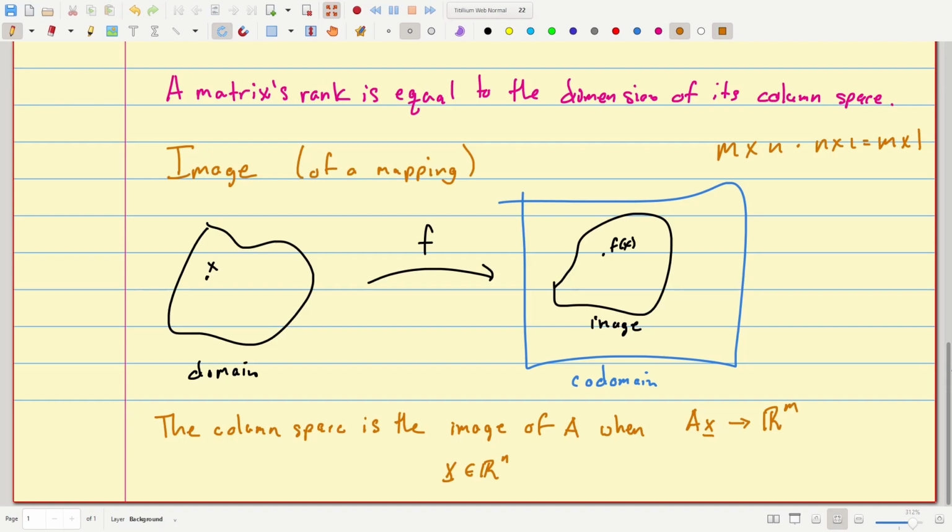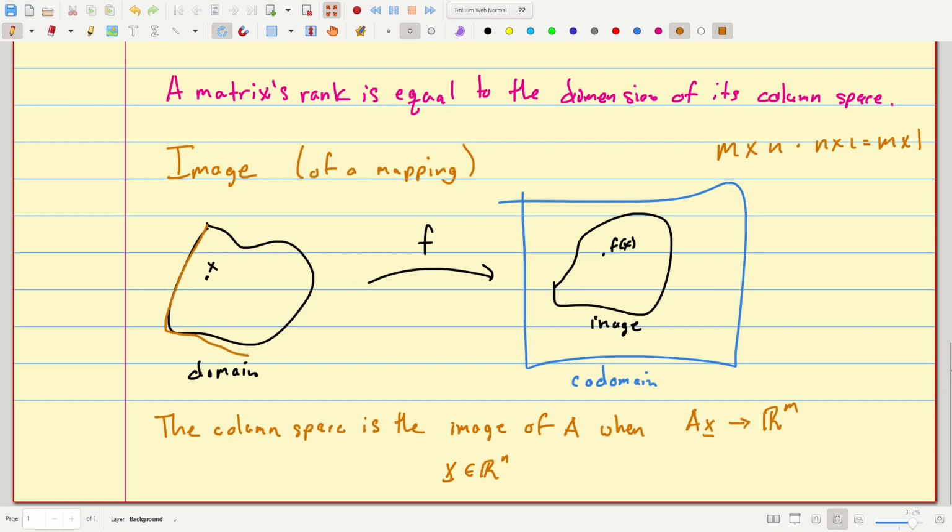So, if I think about the set of all possible vectors in Rn, the image of the mapping under A is the column space of the matrix. Okay?